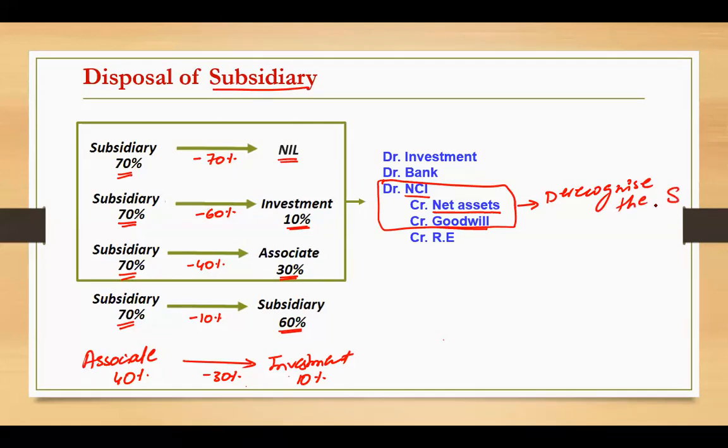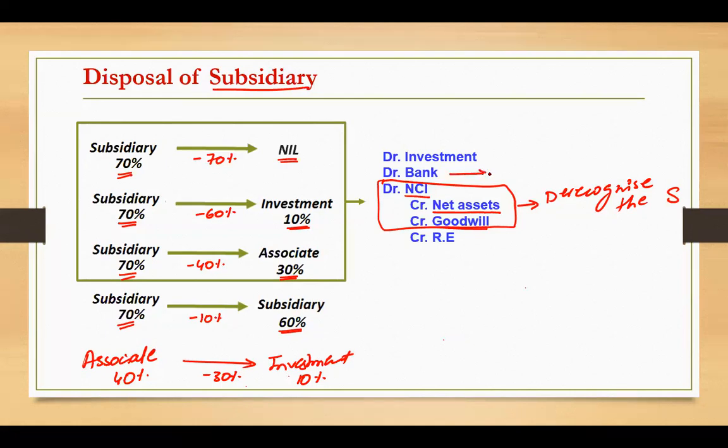So when we have disposed of a subsidiary, there is no need of consolidating the net assets, no need of consolidating the goodwill, no need of consolidating the NCI. So we actually eliminate all of these, removing the goodwill by crediting it, removing the net assets by crediting it, removing the NCI by debiting it.